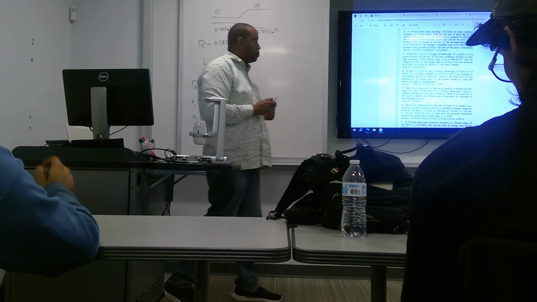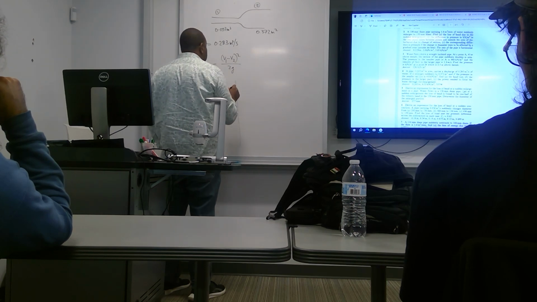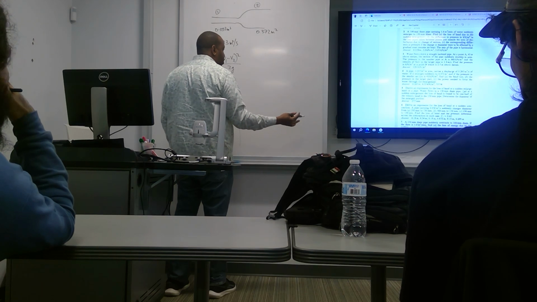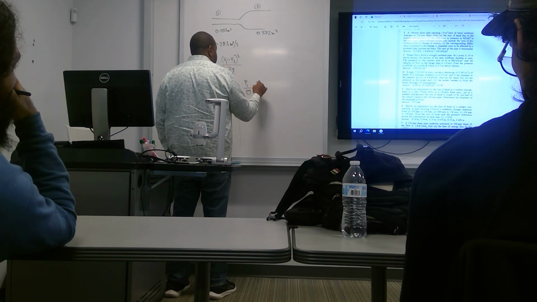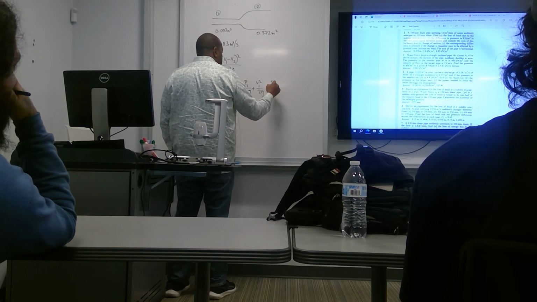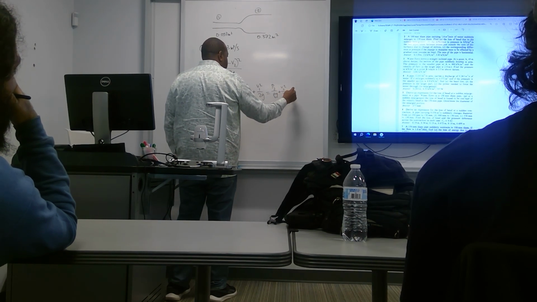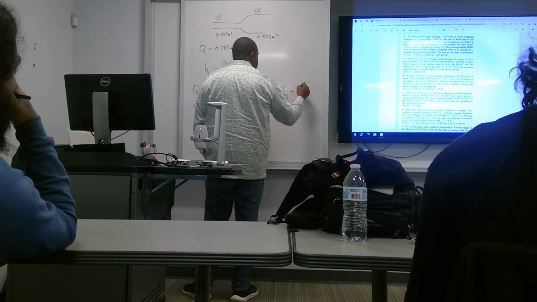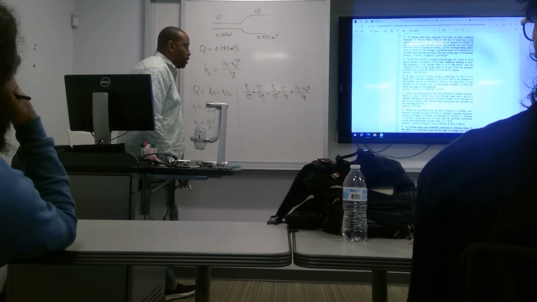Then we can use Bernoulli's to find our pressure. It's a horizontal pipe section. So P1 over rho g plus V1 squared over 2g is equal to P2 over rho g plus V2 squared over 2g plus our head loss, which is V1 minus V2 squared over 2g. Now we want the pressure in which pipe?